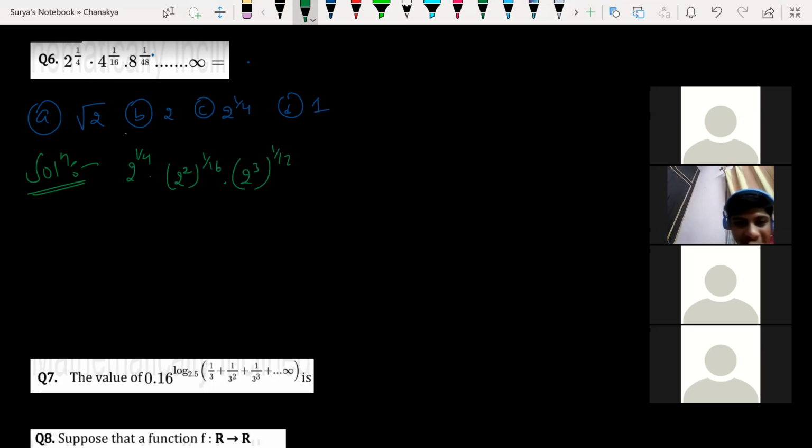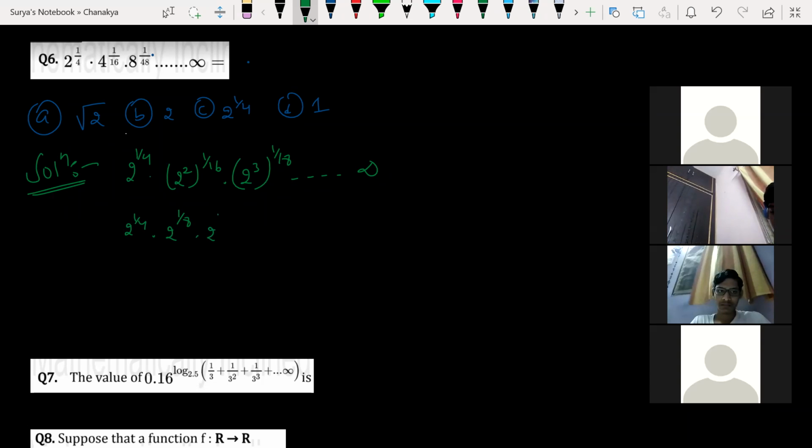So it becomes 2 to the power of 1 by 4 into 2 to the power of 1 by 8 into 2 to the power of 1 by 6, and so on till infinite.